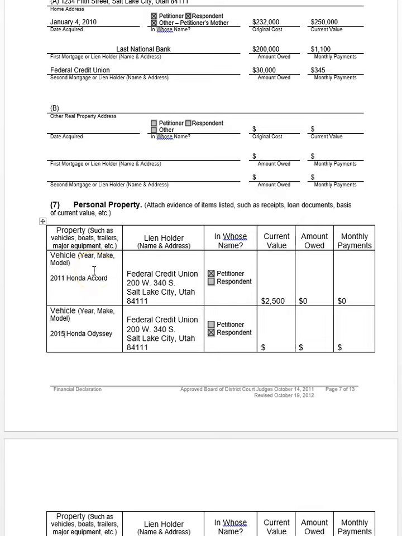She drives a 2015, so that has a much higher value. Let's say it's $30,000, and the amount that's owed on it is $24,000, and the payment is $450 a month.